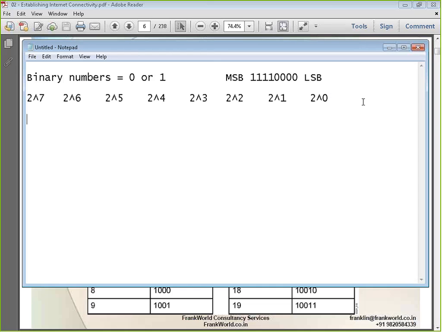Do you know what is the value of 2 raised to 7? It is ultimately 2 multiplied by 2 multiplied by 2, and so on. So that is what you need to do.